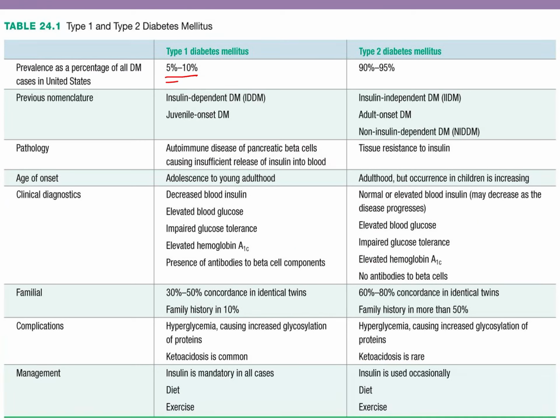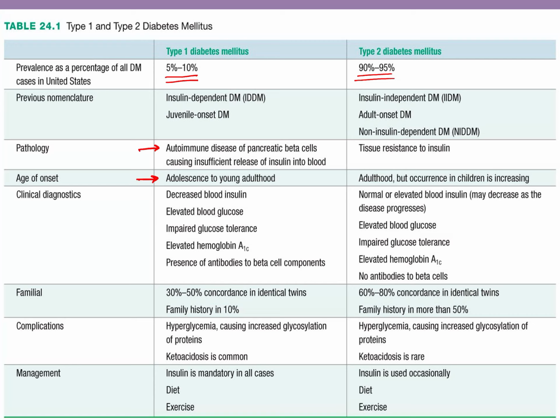If you look at the numbers here, the most prevalent form of diabetes is actually type 2 diabetes, where 90 to 95% of people in the United States have that. Type 1 diabetes, because it is an autoimmune disorder of the pancreatic cells, tends to present itself when a person is very young.